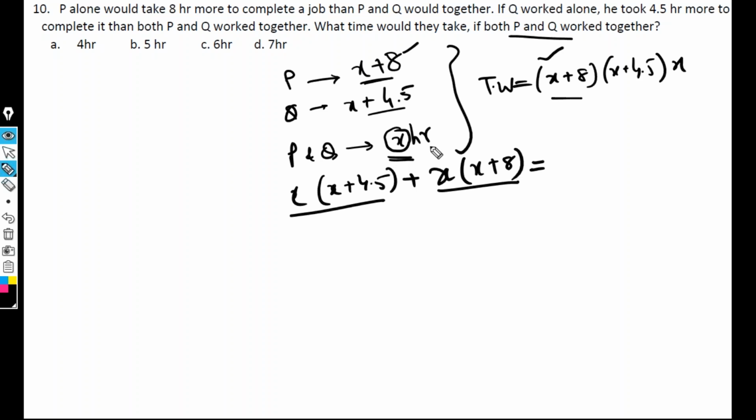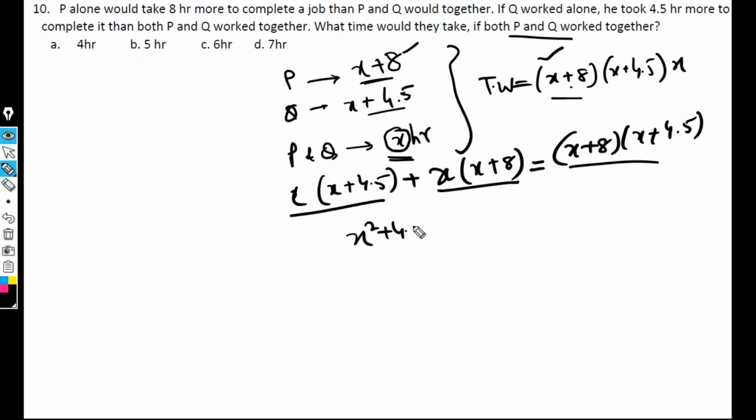P and Q take X hours to complete the total work. So in 1 hour, they will be completing total work upon number of hours, which is X plus 8 into X plus 4.5 units in 1 hour. Now, one thing is clear, when we solve it, it is going to be a quadratic equation. So let's simplify this a bit.